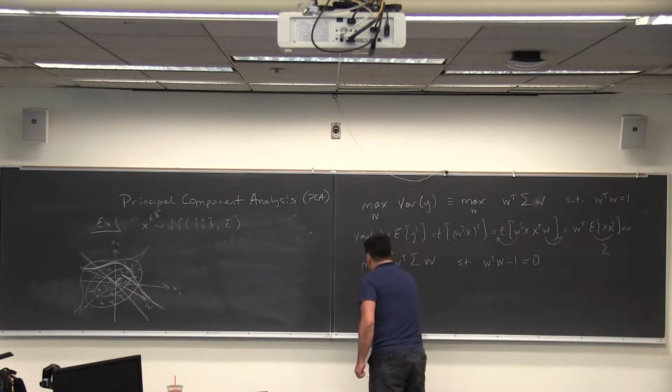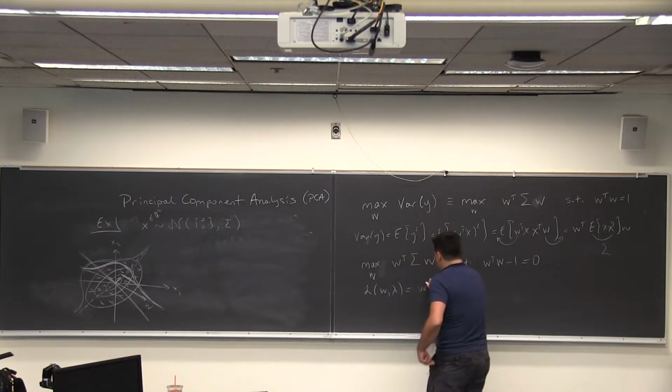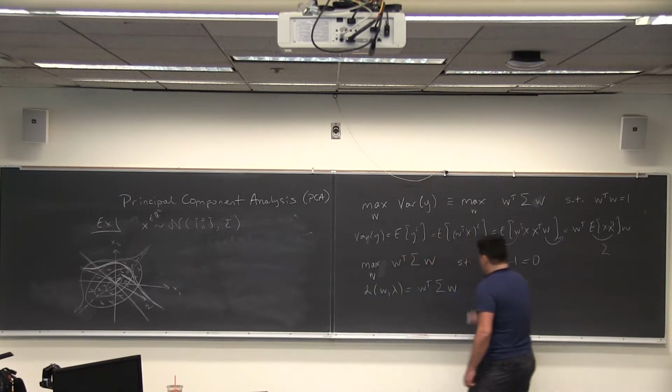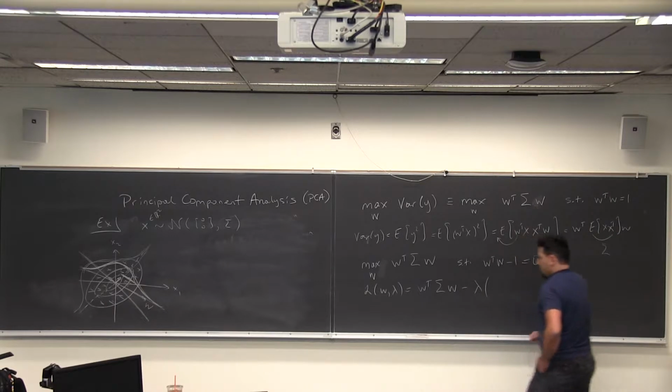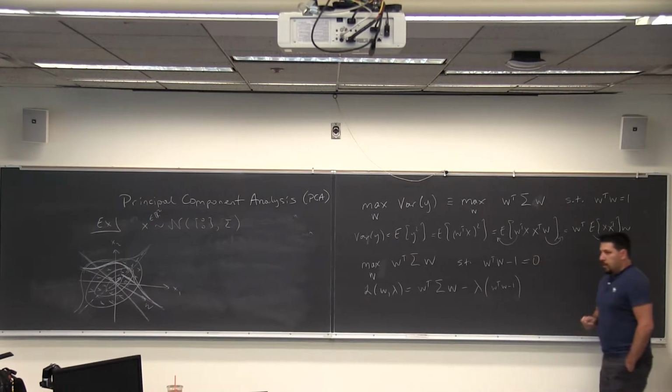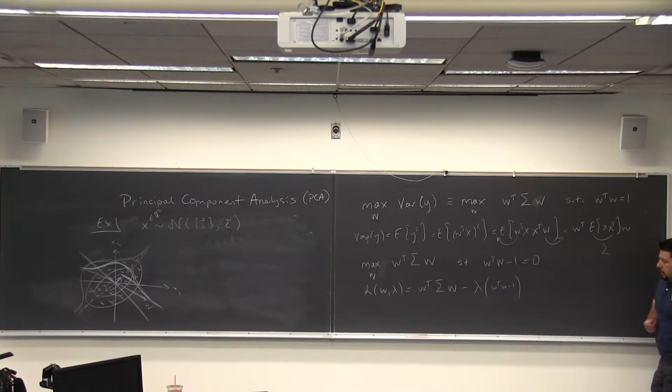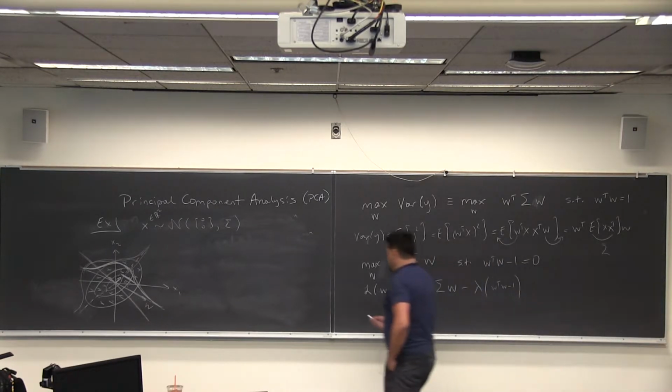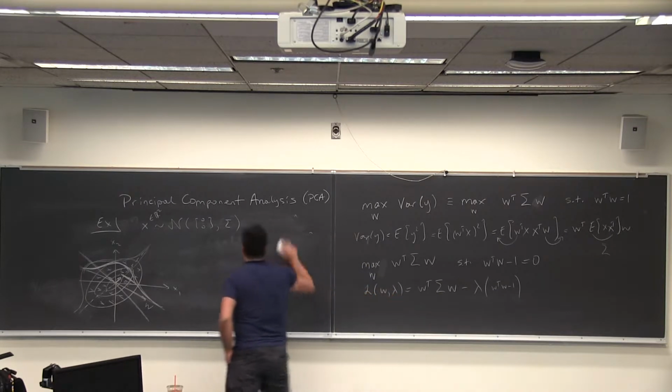So let's write the Lagrangian. The Lagrangian is my objective minus lambda, where lambda is the Lagrange multiplier for this constraint. Okay, so that's the Lagrangian. We'll take the derivative of the Lagrangian with respect to the parameters, which is W, and write it as a column vector.